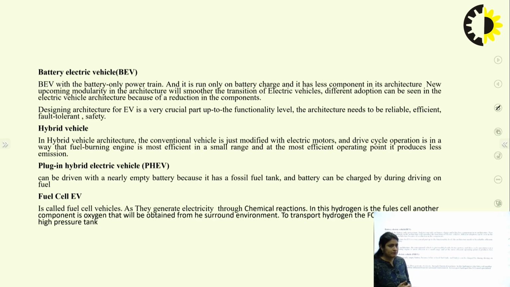Plug-in means if the battery is discharged, then you can run the motor with the help of the fossil fuel tank, and during driving the battery can be charged, right? The fuel cell electric vehicle is based on the fuel cell, where chemical reactions take place that run the motor, right? The chemical reaction is between hydrogen and oxygen.